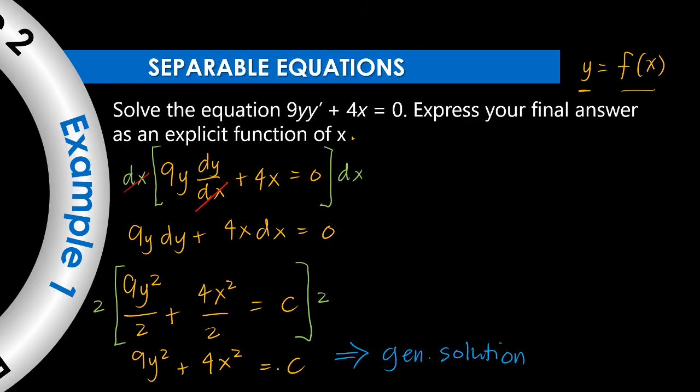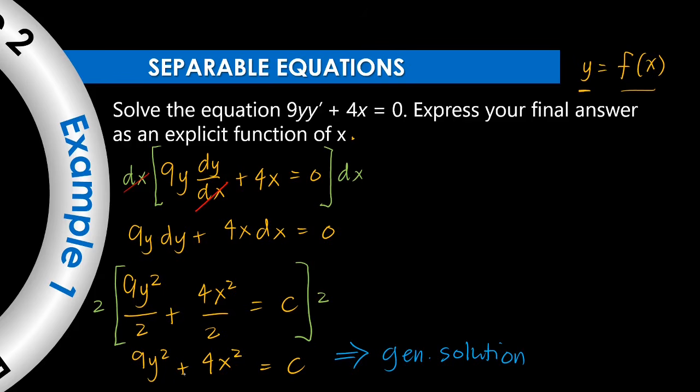Now, you may recall that the general solution of a differential equation represents a family of curves. You may ask, what family of curves does the graph of this general solution represent? By inspecting the general solution here, we see that both x and y are squared.